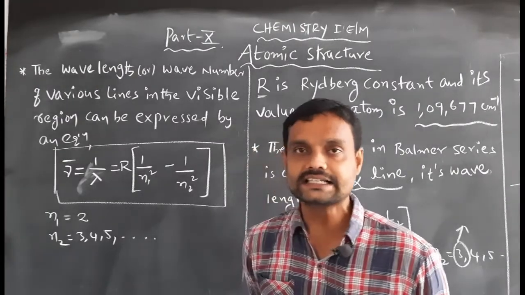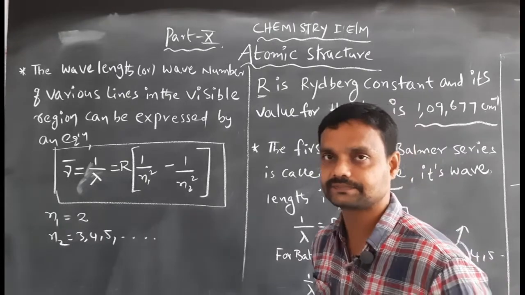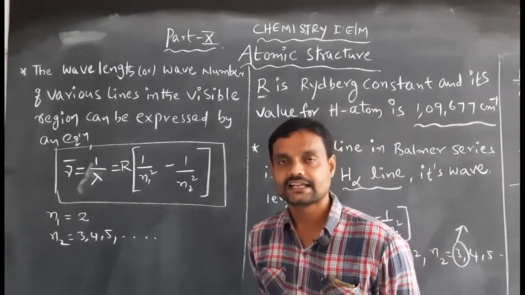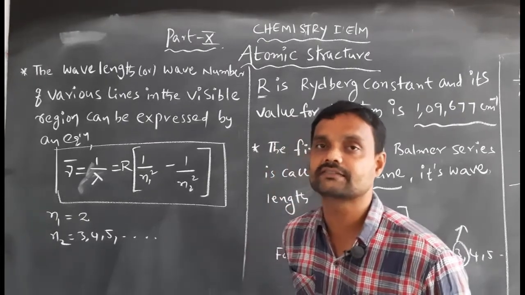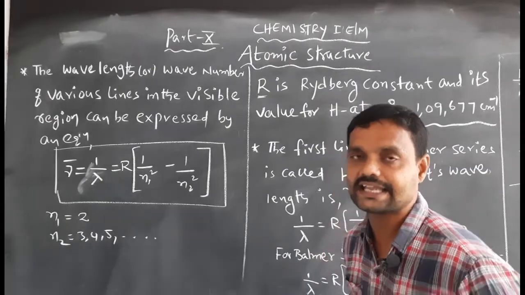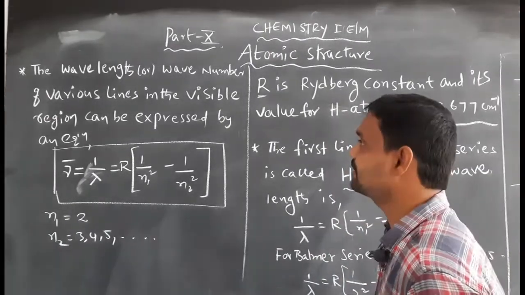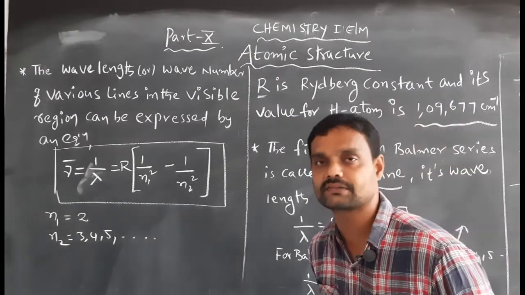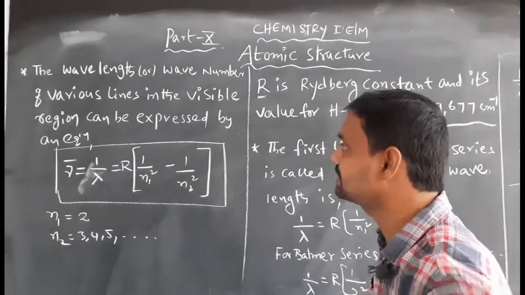The Rydberg equation is used for the determination of the wave number or wavelength of the various lines in the Balmer series. So let us see what that equation is, and how we can find the wave number or wavelength values of the various lines in the Balmer series.